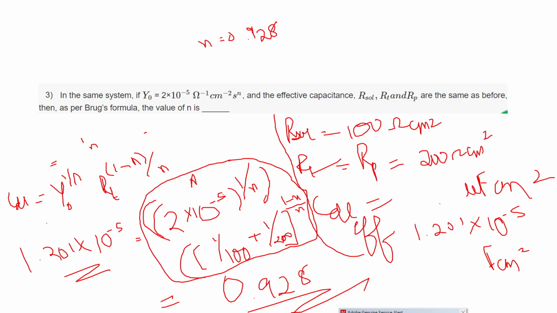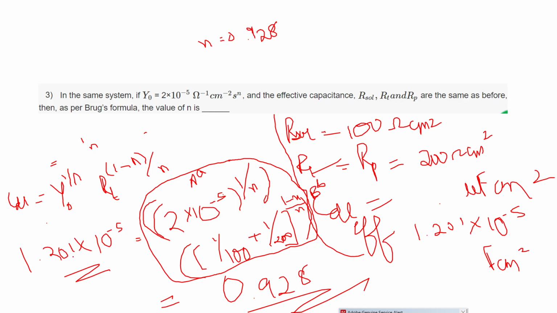That's one term, and I'm taking that as A. And this entire thing can be B to the power b. This can be taken as A to the power a. Is that clear? You have A, which is 2 into 10 to the power minus 5, raised to the power 1 by n, which I am equating as small a, just for easiness. This entire term, 1 by 100 plus 1 by 200, you can simplify and you'll get a value. That is B, which is raised to another power, 1 minus n by n, which I am representing by small b.